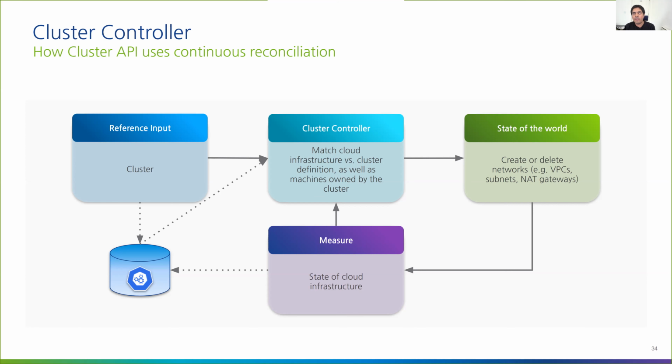This means that when you want to allow users to create clusters across different cloud providers, they don't have to reason about all of those various components that make it up. They can just declare it once, and we use eventual continuous reconciliation to eventually reach the desired state.